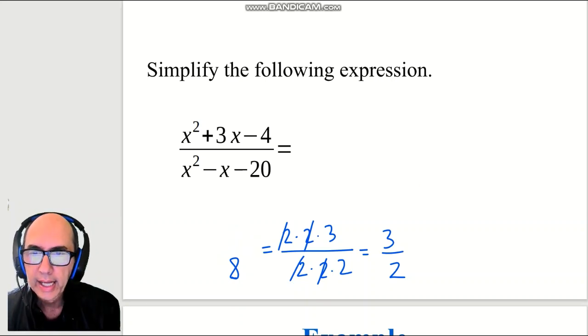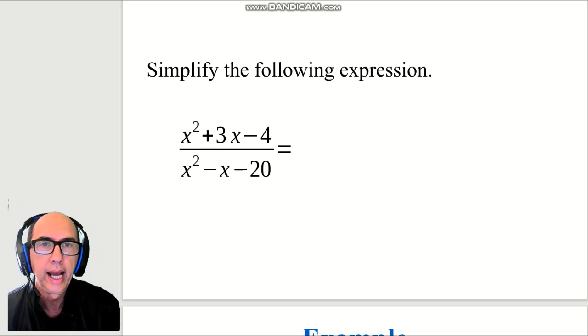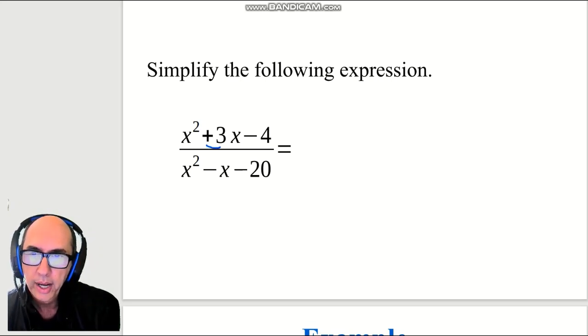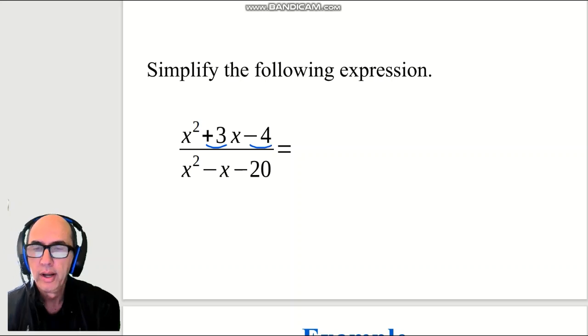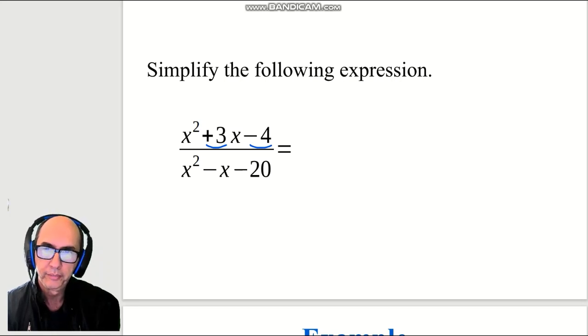And in this case, look at each one, the numerator and denominator. I think we can use that guessing method. Remember? Look here on the top, we have 3, we have negative 4. Think about two numbers that multiplied equal negative 4, and added equal 3. Again, make a list, 1 times 4, 2 times 2, and that's it.